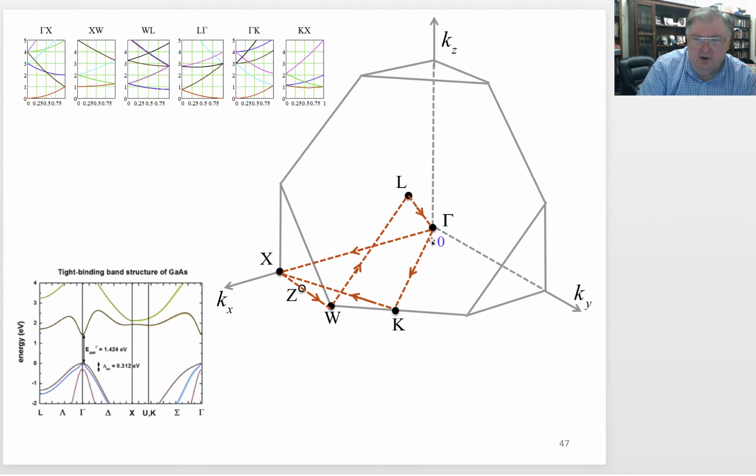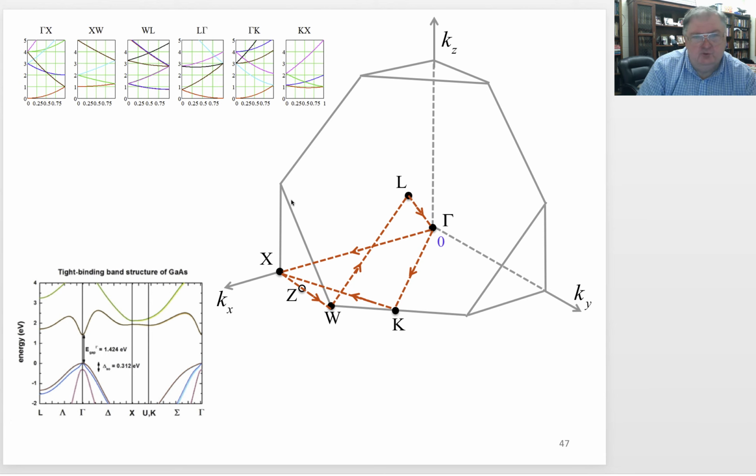We want to go from the origin along the bottom here to the K point, from the K point to the X point, from the X point to the W point, from the W point to the L point, from the L point back to the gamma point. Gamma to X, X to Z, X to W, W to L, L to gamma, then gamma to K, and then K to X.